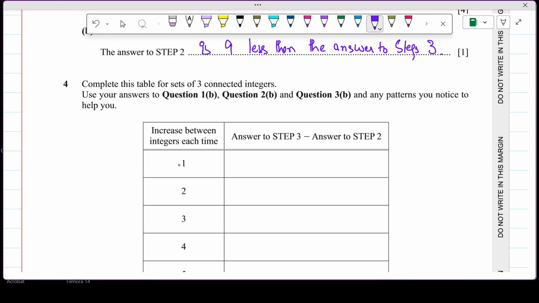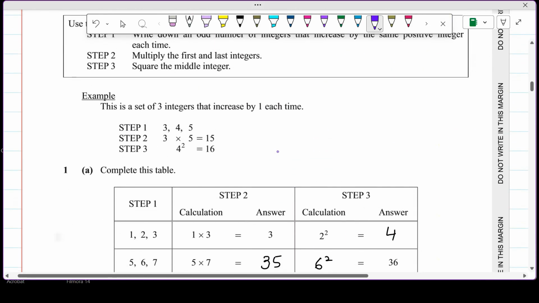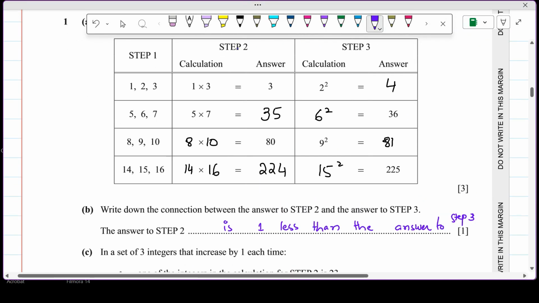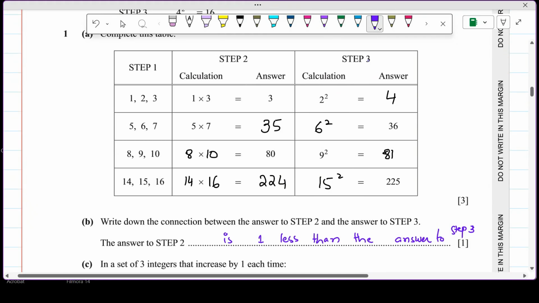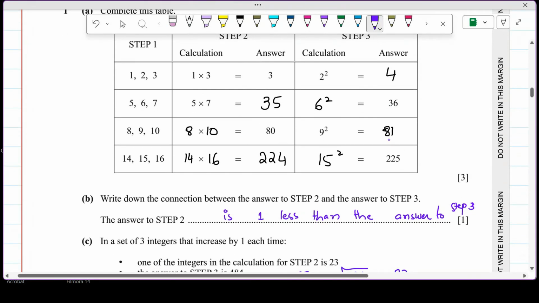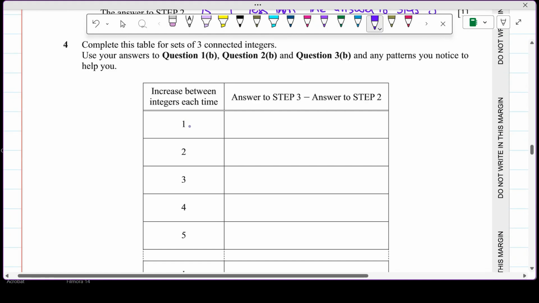It means that when the increment between numbers is 1, the answer to step 3 minus the answer to step 2 is 1. 4 minus 3 is 1, 36 minus 35 is 1, 81 minus 80 is 1. So we can say that when there is an increment of 1, the difference is 1.